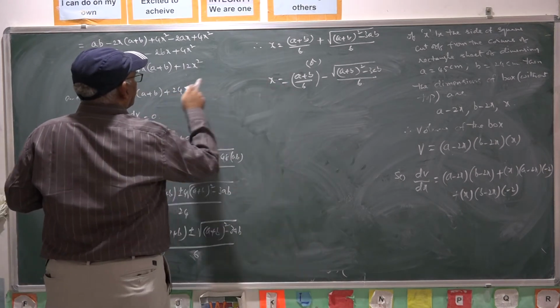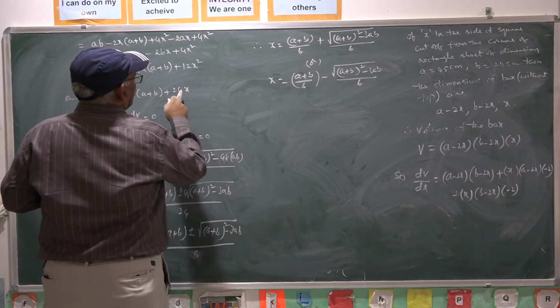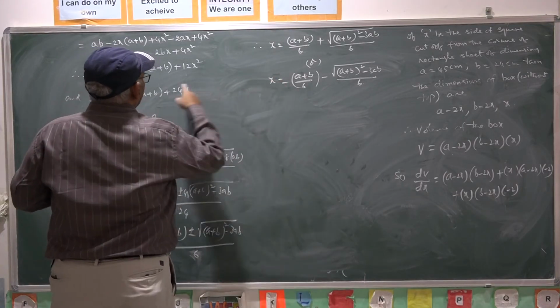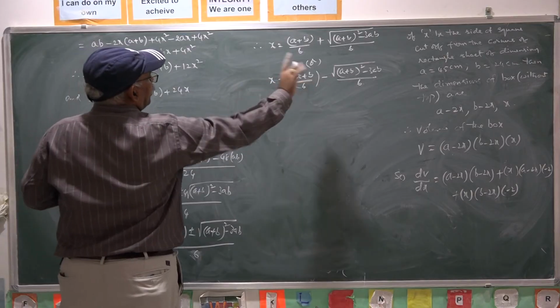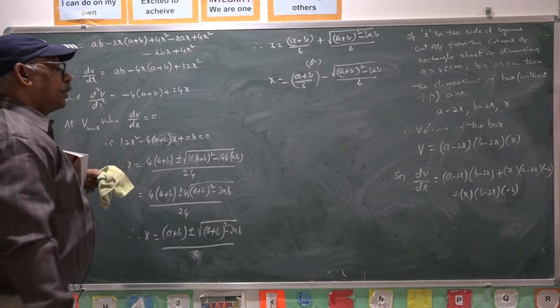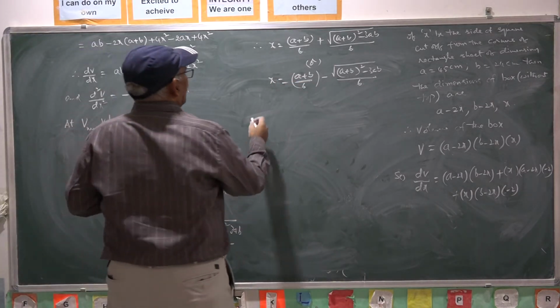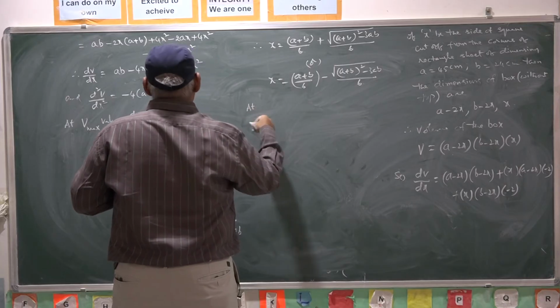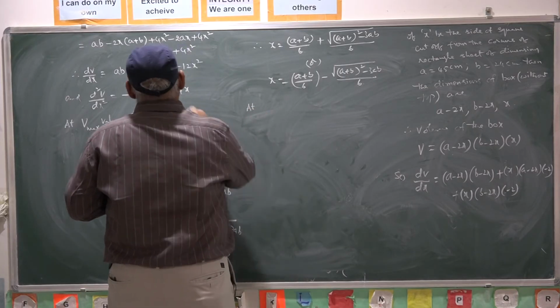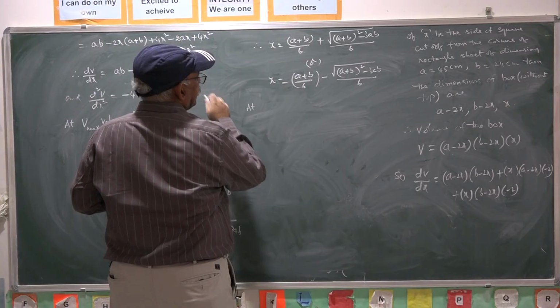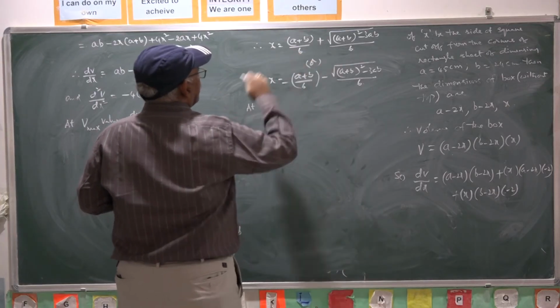Once you put the other x value, you get negative, because this term cancels and you get only that one. So, to maximize, the second derivative must be less than 0, hence you have to consider this value.